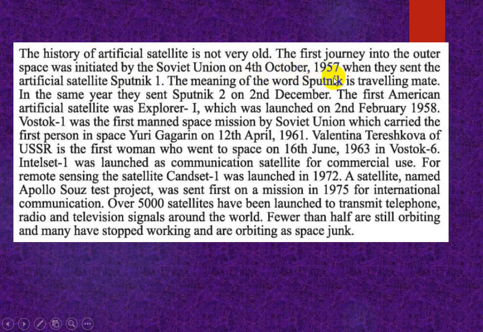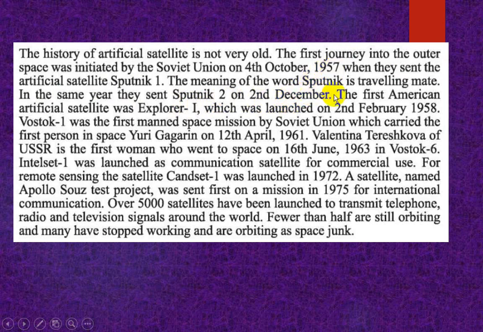This is an objective question. When they sent the artificial satellite, it was called Sputnik 1. The meaning of Sputnik 1 is traveling mate. In the same year, they sent Sputnik 2 on 2nd December.